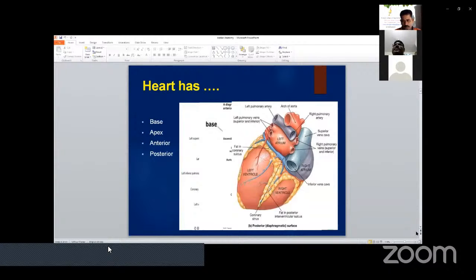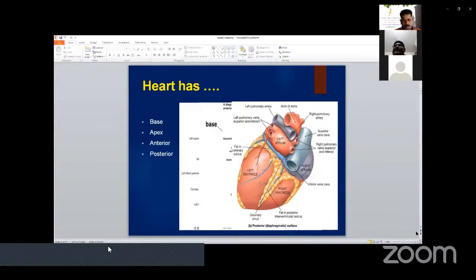In the picture, we can understand that the heart has a base. The base is just above the left atrium and right atrium. That is called the base of the heart. Apex means the tip of the left ventricle.